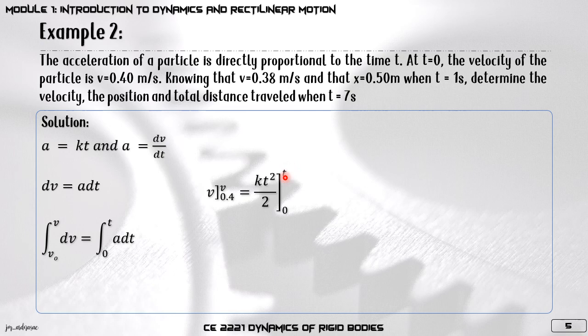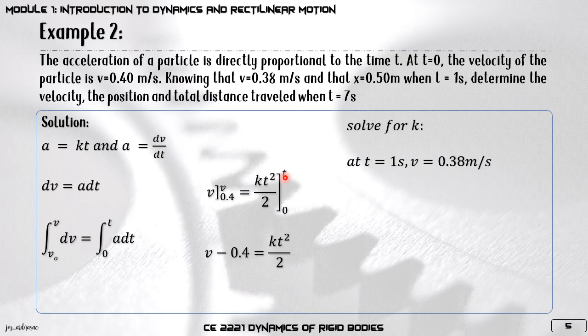So we could rewrite the equation as v minus 0.4 is equal to kt squared divided by 2. So we now solve for the value of k, and we use the given t is equal to 1 second and v is equal to 0.38 meters per second.